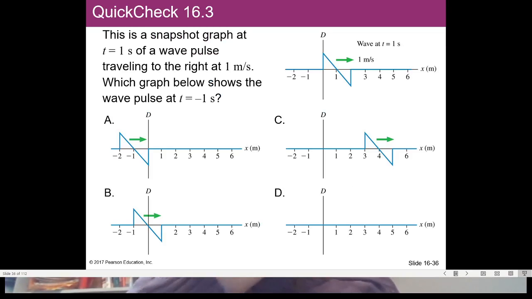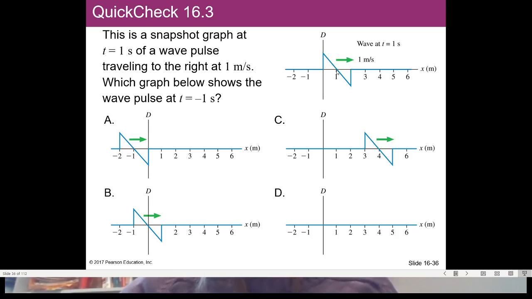Okay, so here's a snapshot graph at t equals 1 second of the wave pulse traveling to the right at 1 meter per second. We want to know what shows the wave pulse at 2 seconds before, at t equals minus 1 second, right? So here's what it looked like at t equals 1 second. 1 second ago, this thing was 1 meter earlier.